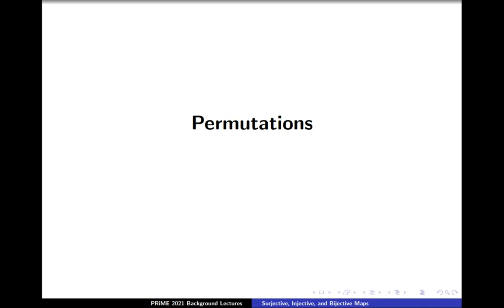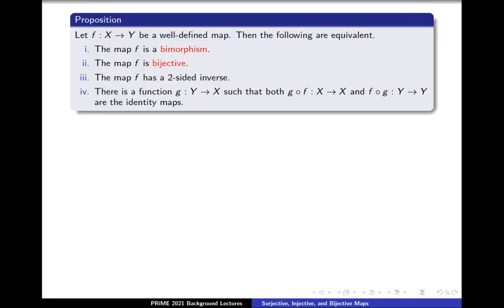Now, using these ideas of functions, we will talk about a certain kind of function called a permutation. So let's assume that we have f a well-defined map. Then the following statements are equivalent. The map f is a bimorphism, or we say that the map f is bijective. This is equivalent to saying that the map f has a two-sided inverse.